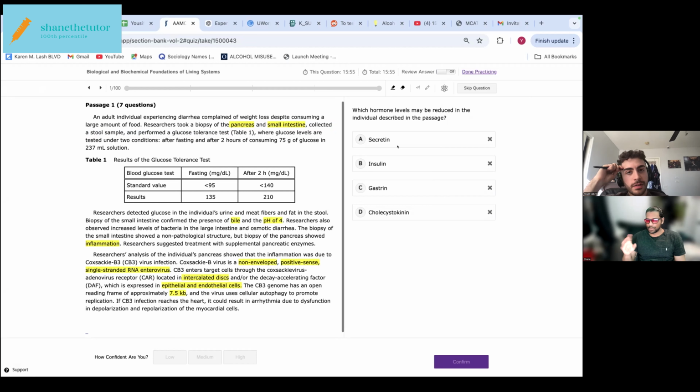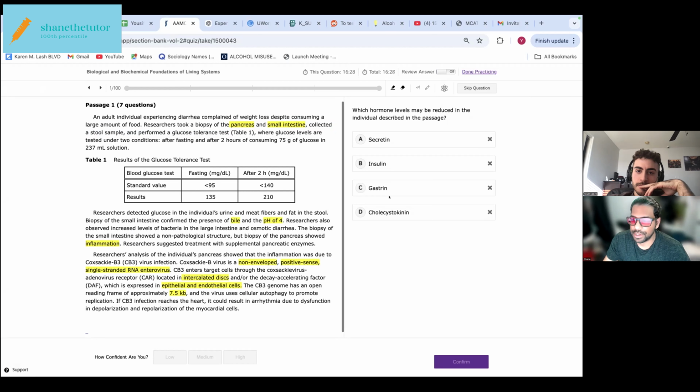So I think what you were thinking of was the circumstances that cause insulin to be released. Yeah. Because high blood glucose means insulin gets released, right? But that's different from what insulin does, right? So insulin actually reduces blood glucose. But then I don't know what the other ones are.